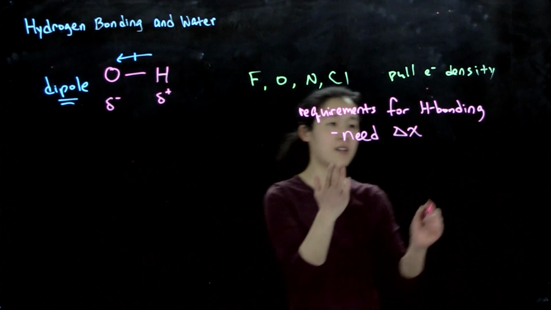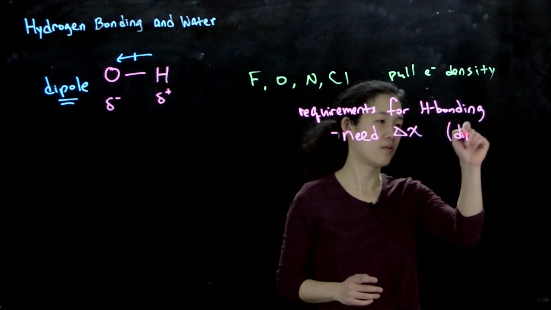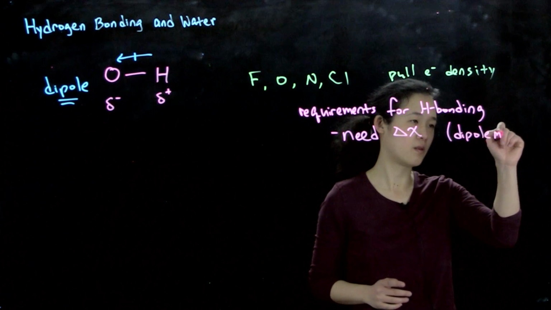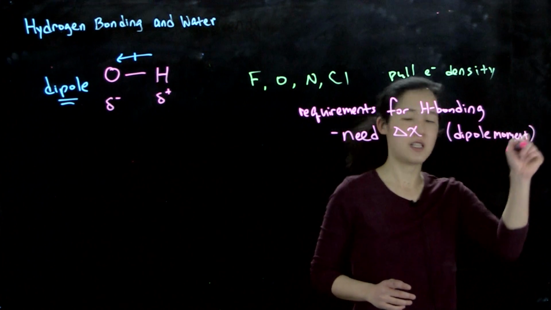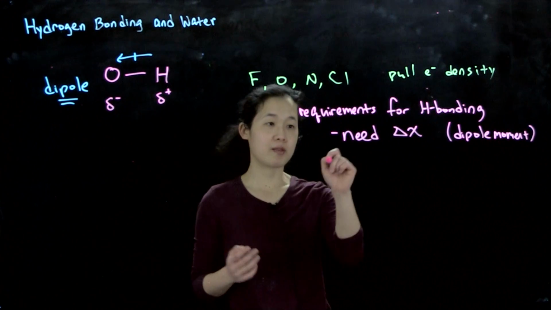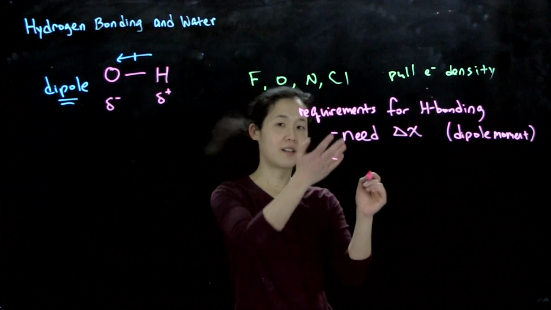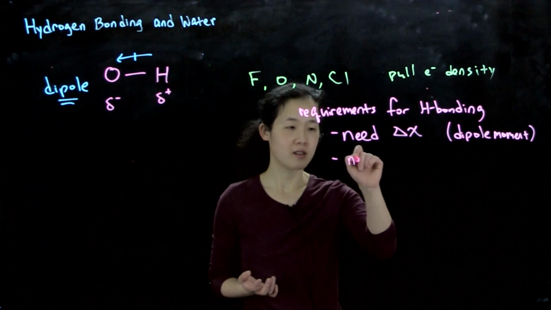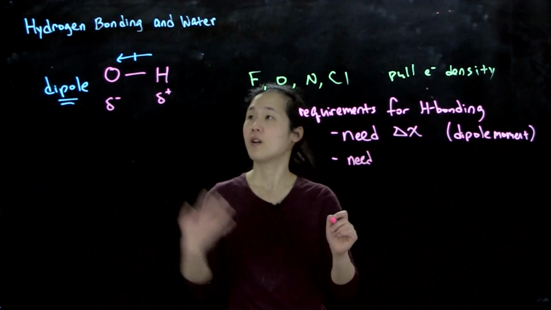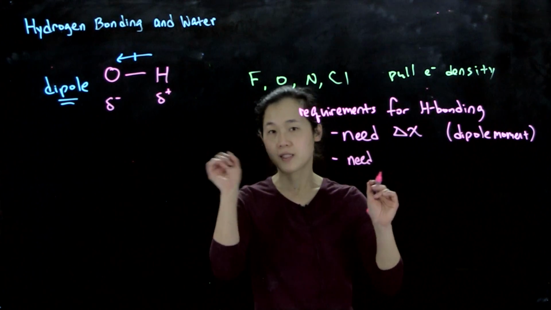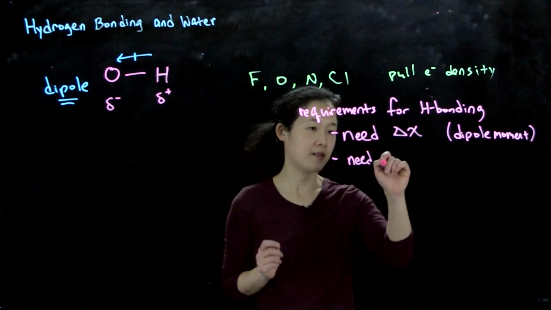And so again, that gives us the dipole moment. And then the other part of what we need for hydrogen bonding is we need this X atom to have lone pairs. And that's how we can interact them with the partial positive charge on hydrogen.